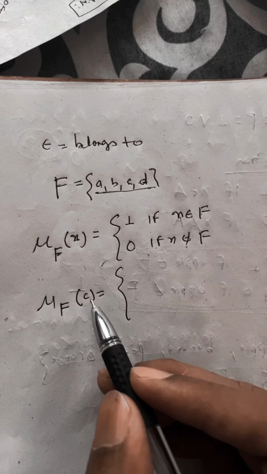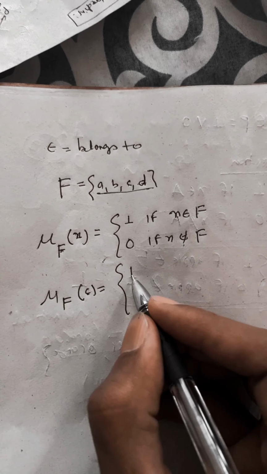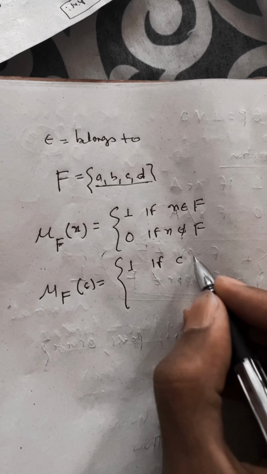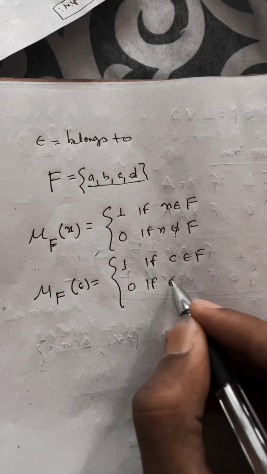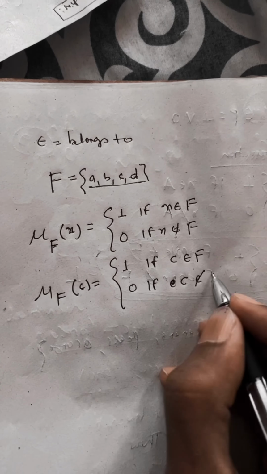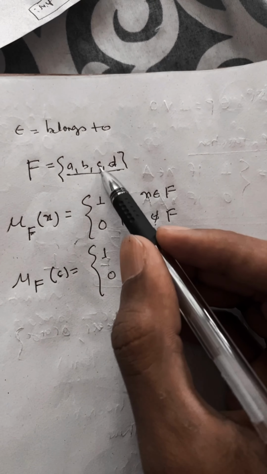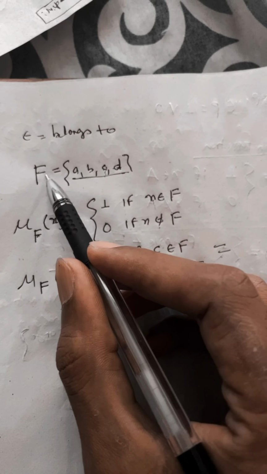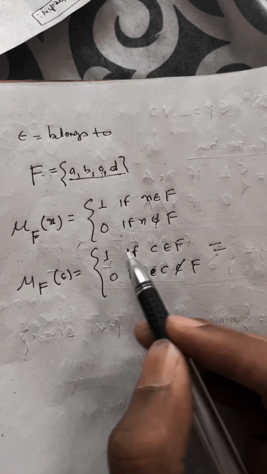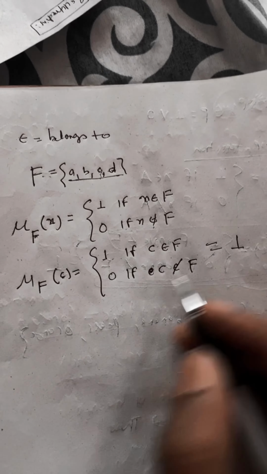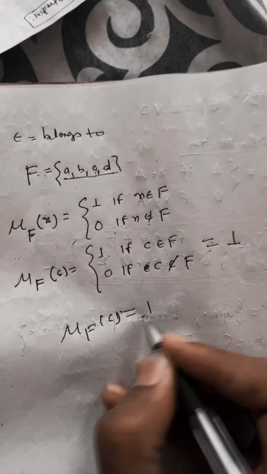It would be 1 if C belongs to F, 0 if C does not belong to F. We know C is in the set F, so C belongs to F, and since C belongs to F, the answer is 1. So we got mu F of C is equal to 1.